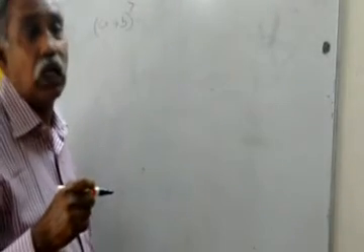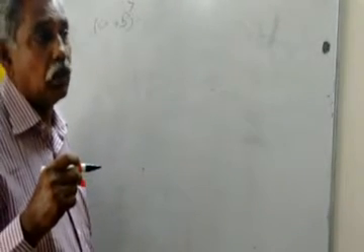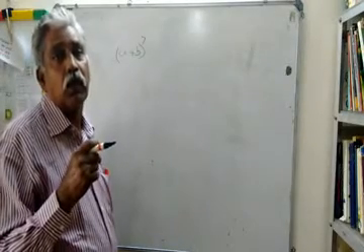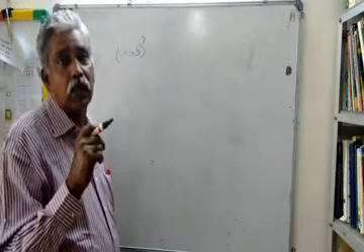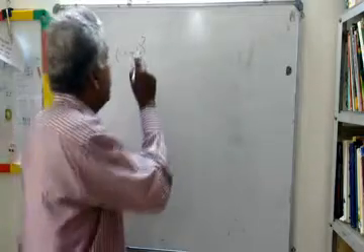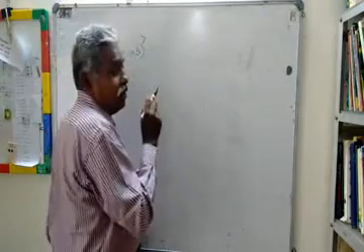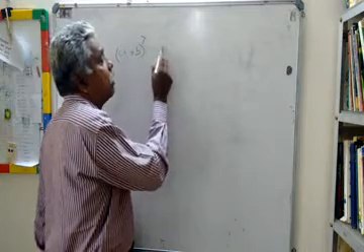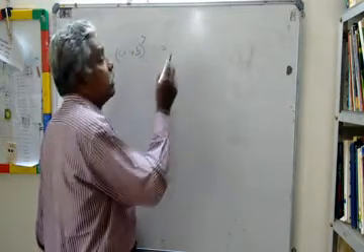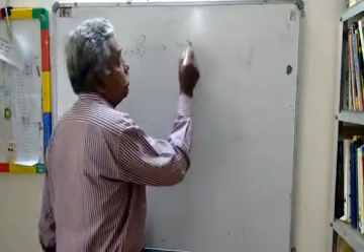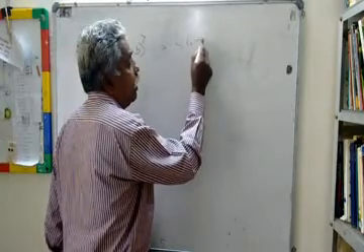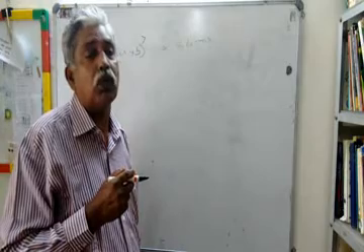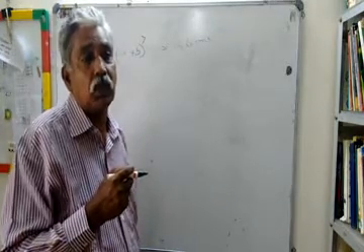We know there are two terms or one term in the middle. How to find it? How many terms in the middle? If the power is 7, we know that its expansion has 8 terms, and so if there are 8 terms, what would be the middle term?